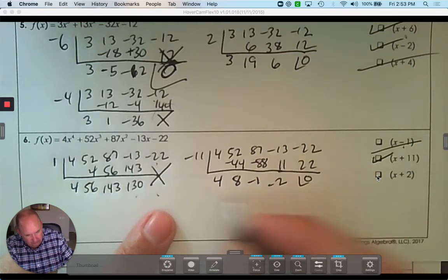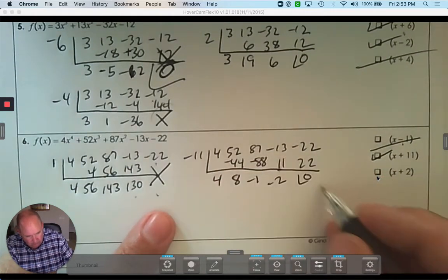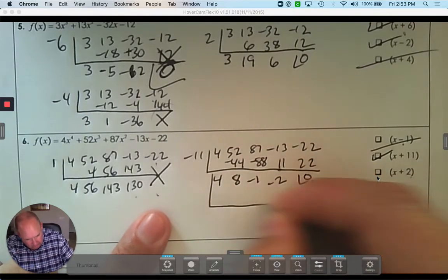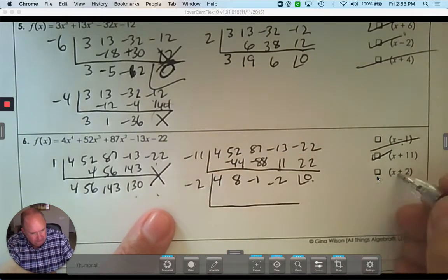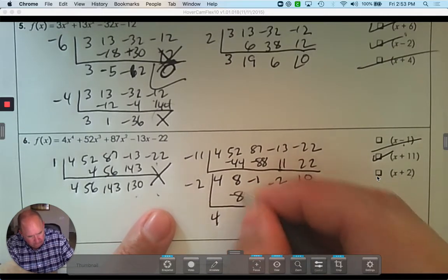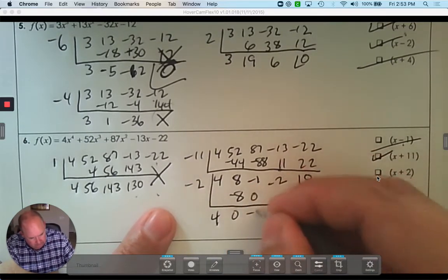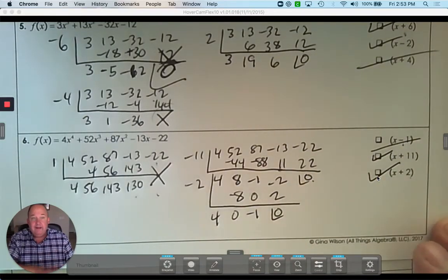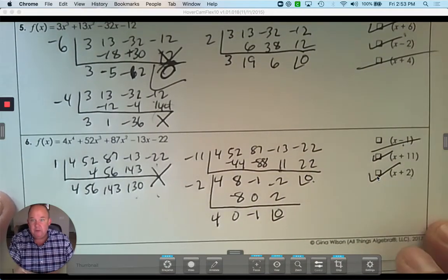These numbers are smaller. I can use those. So once you know one works, you can use the simplified version. So negative 2, I'm just going to use it and not even write it all over again. So negative 2, and see if it works. Totally gives me a remainder of 0, so the bottom two work, but the top one didn't.